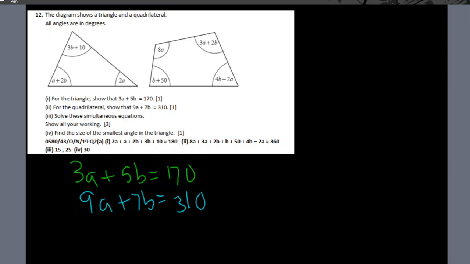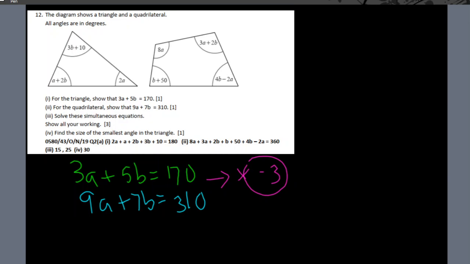For that, I would like to change this into -9a, and then when I add these two equations, I would get 0 here. I would end up eliminating a by adding -9a and +9a. So to change this into -9a, I'll simply multiply this equation with -3.